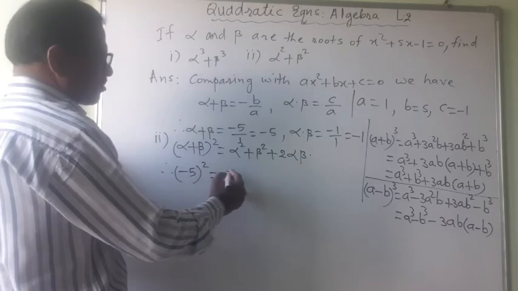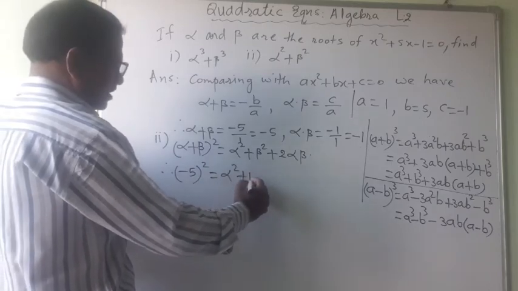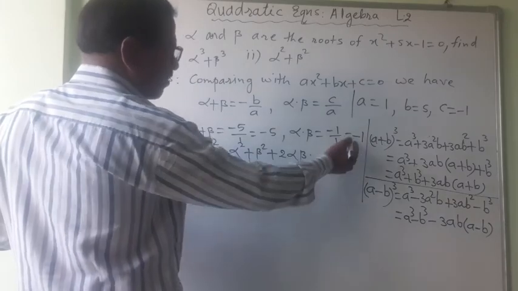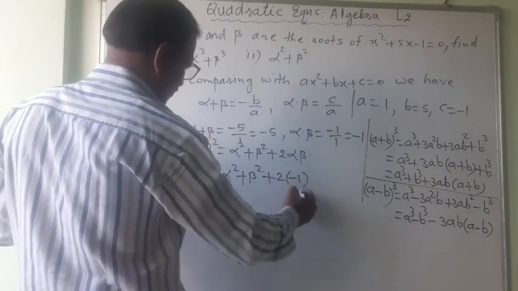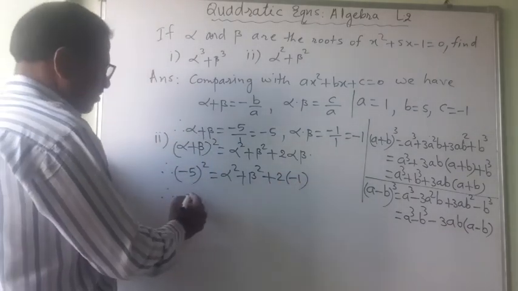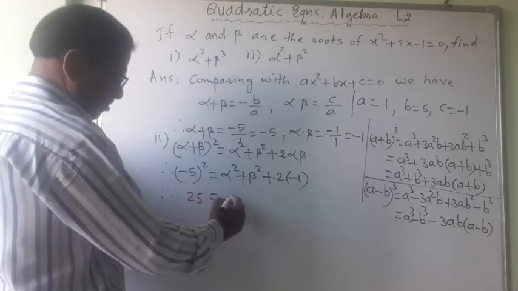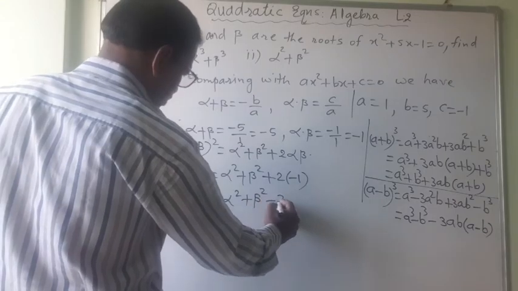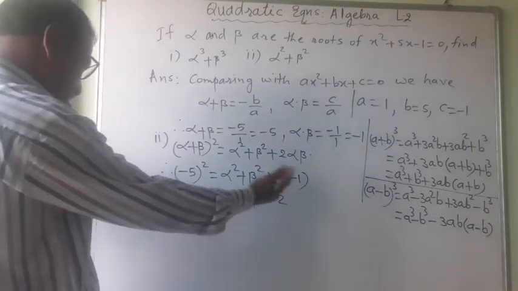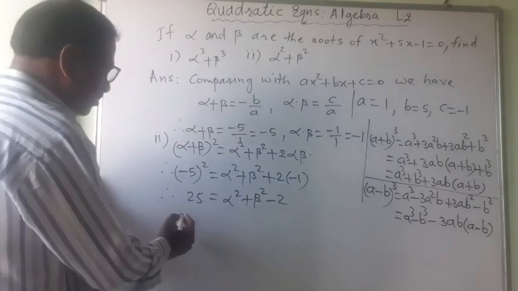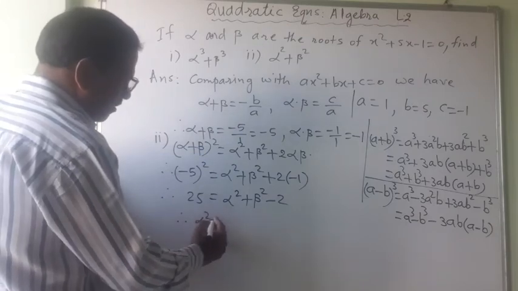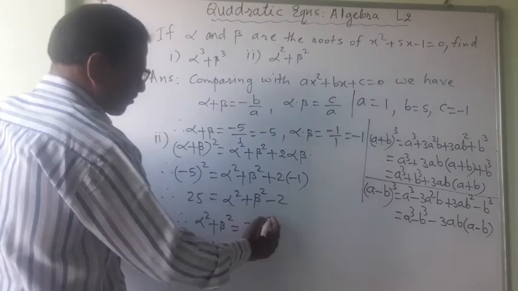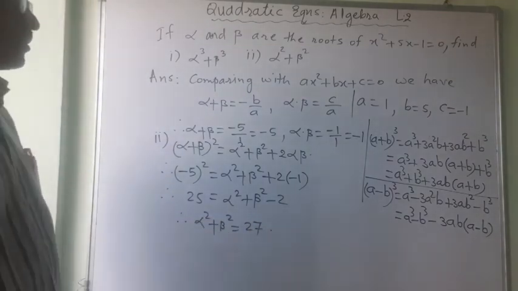Its square is equal to alpha square plus beta square plus 2 into alpha beta, which is minus 1. Minus 5 square is 25 is equal to alpha square plus beta square minus 2. And this minus 2 will become plus over here. So I can write alpha square plus beta square is equal to 27. And the answer of this.